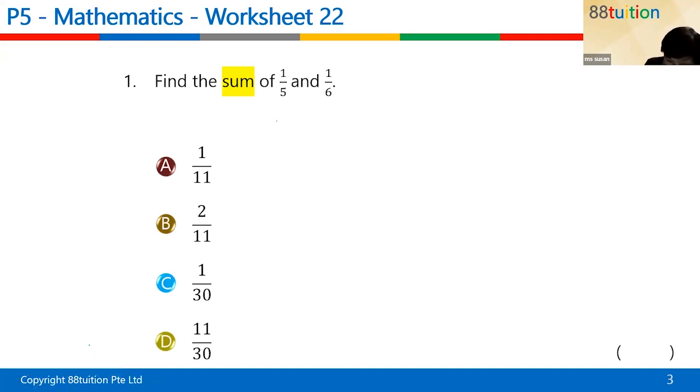The common denominator here will be 30. Why 30? Because we are looking for the lowest common multiple. So you multiply by 6, times 6, times 5, times 5. And this is a sum. That's where you get your 11 out of 30, which is part D.